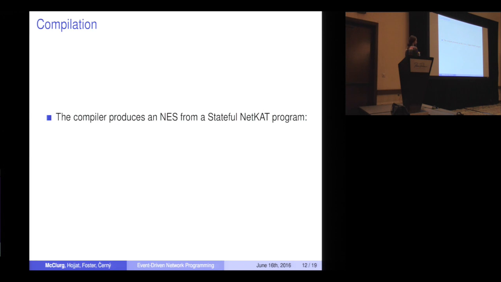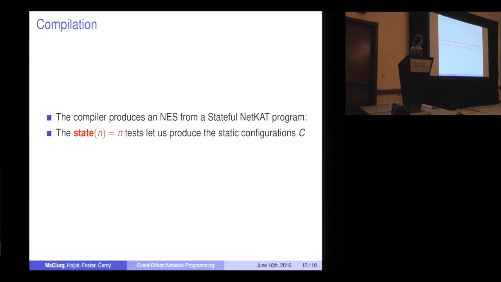Okay, so we talked about the syntax and semantics. Now let's look at just a basic example of how we compile. A compiler takes a stateful NetKAT program and produces a network event structure.